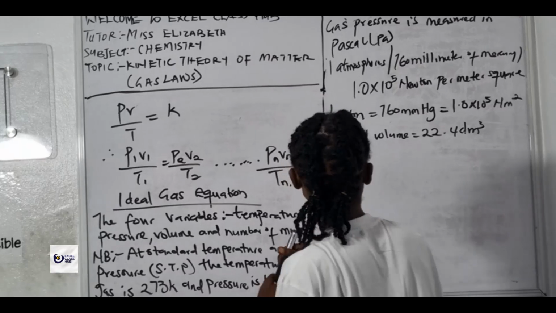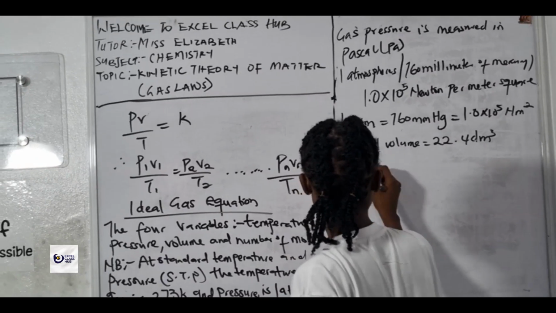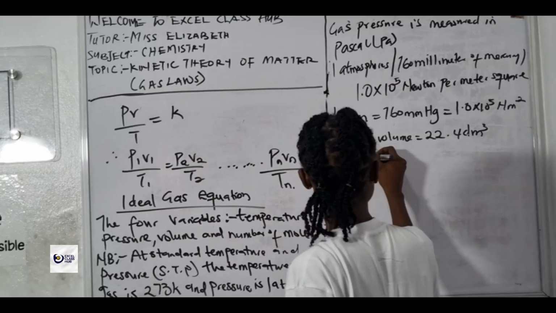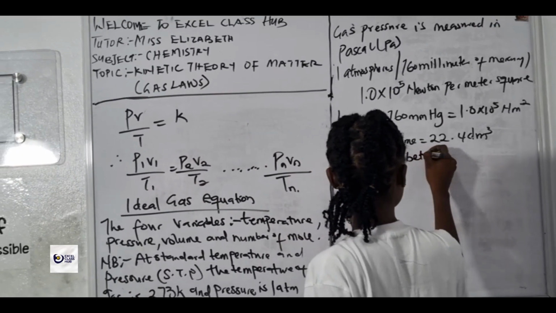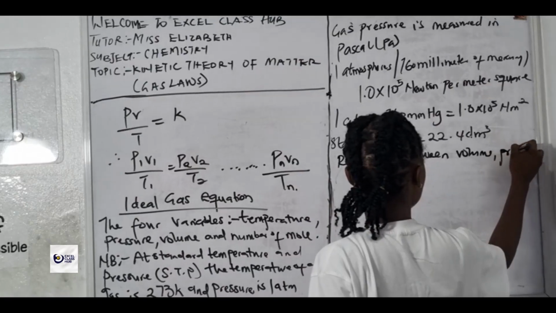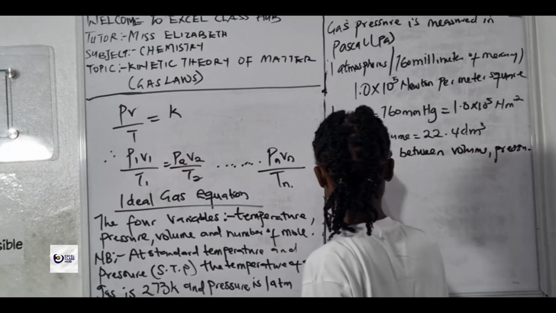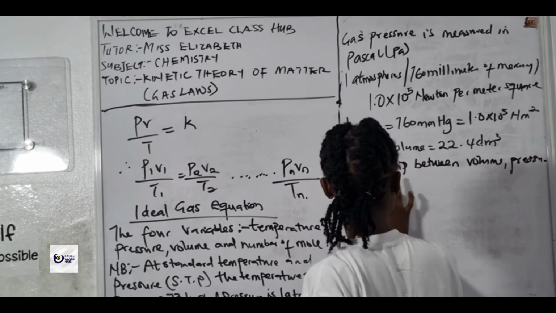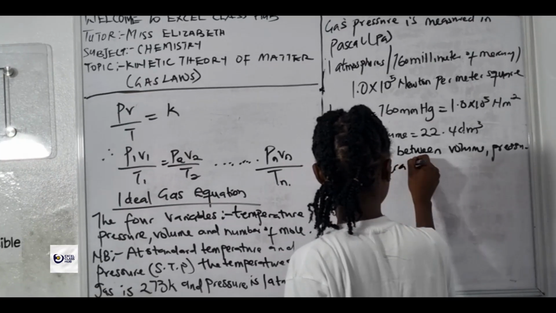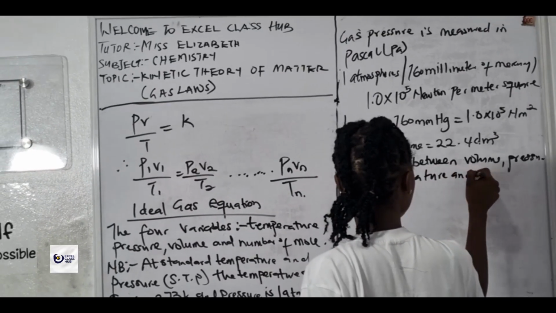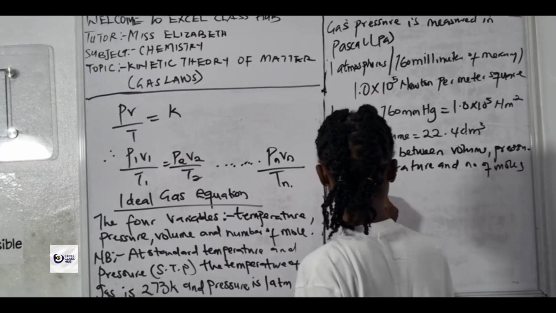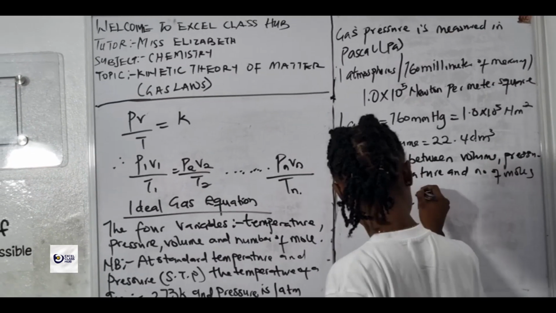Having understood that, we have this formula that relates volume, pressure, temperature, and number of moles: PV is equal to nRT.